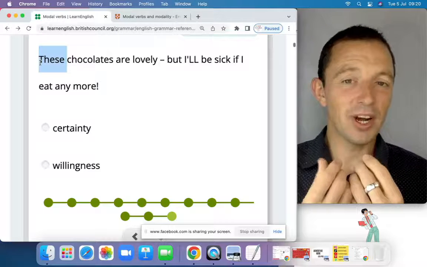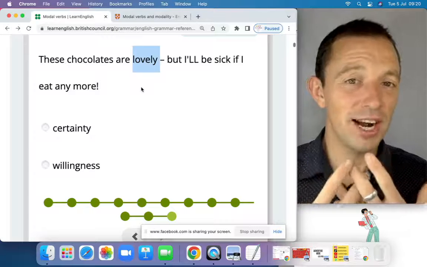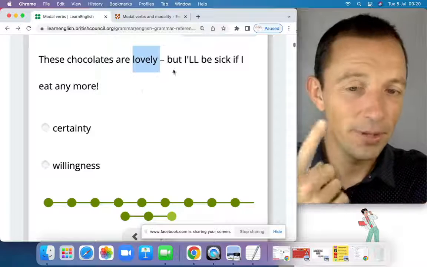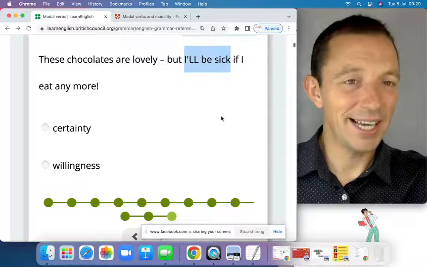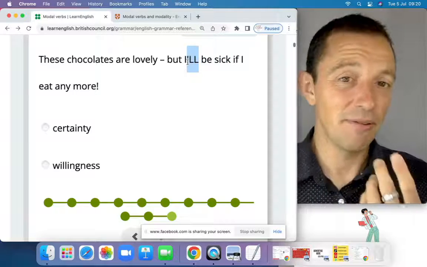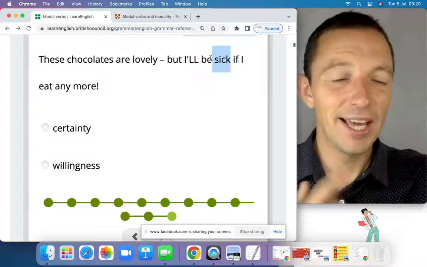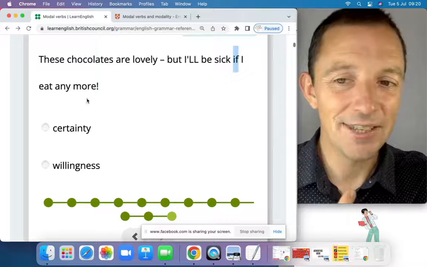These chocolates are tasty, are delicious, are lovely. These chocolates are lovely, they're delicious, they're tasty. But I will be sick. The modal verb is will, and typically this is the future. I will be, adjective, sick or ill if I eat more.